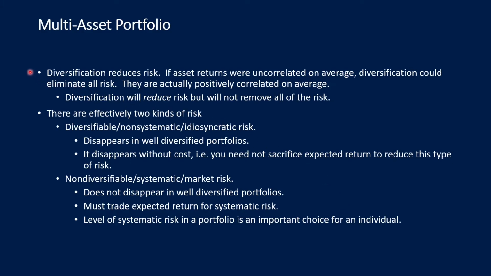Okay, so diversification reduces risk. If asset returns were uncorrelated on average, diversification could eliminate all risk. They're actually positively correlated on average. So diversification will reduce risk, but it will not remove all the risk.